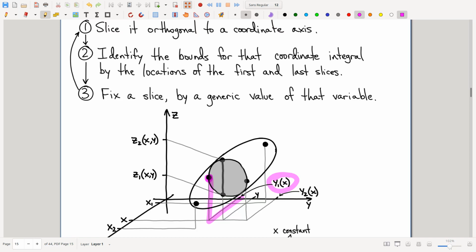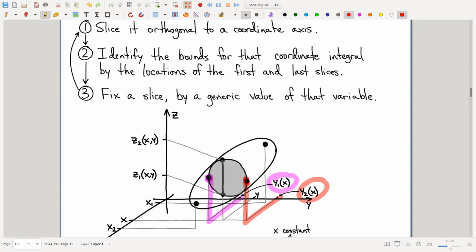My last value of y will be the y coordinate of whatever is this point over here on the far right of my x slice. Does that all make sense?